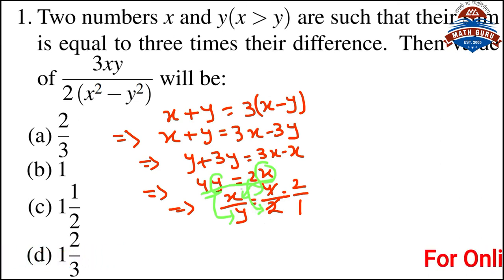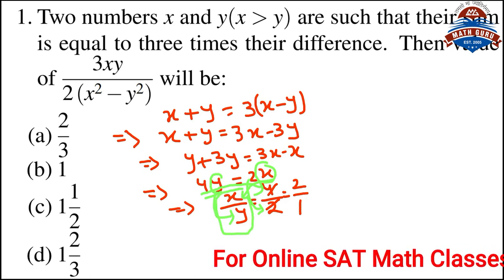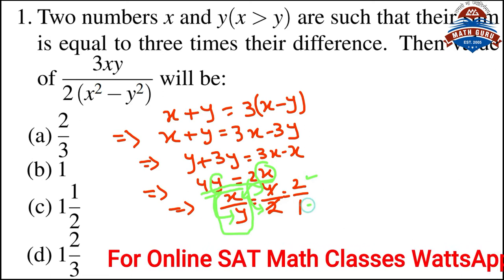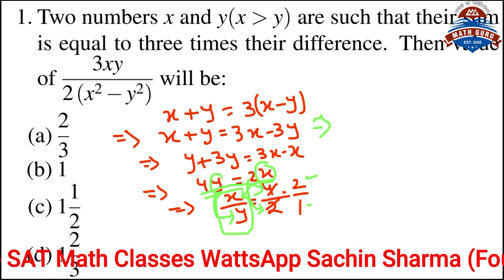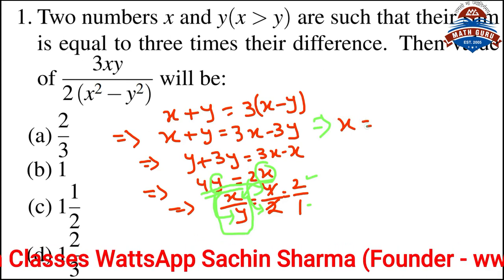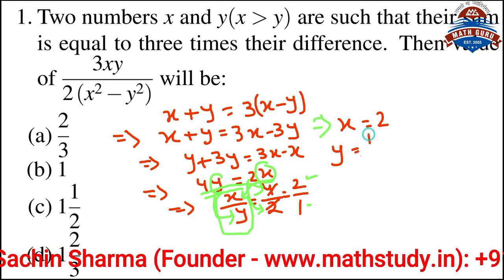So in this way we get the ratio x upon y. Very simple. So x upon y is equal to 4 by 2, which is equal to 2 by 1. So this implies x equals 2 and y equals 1.